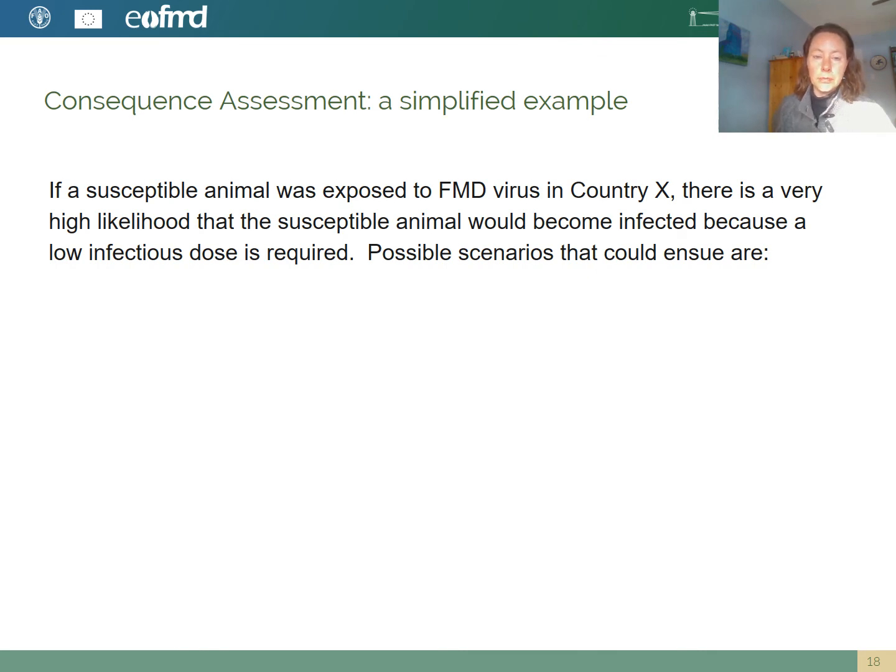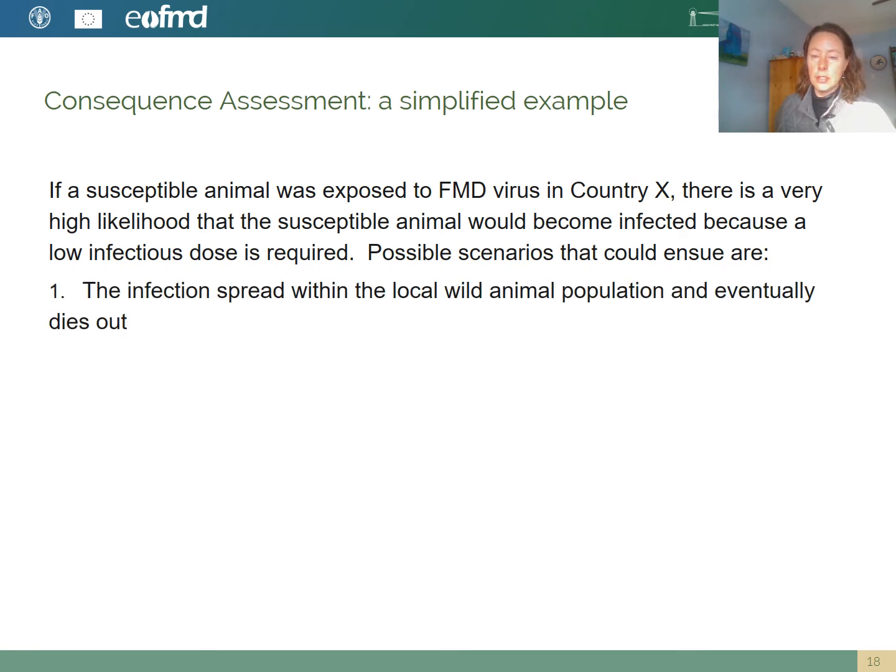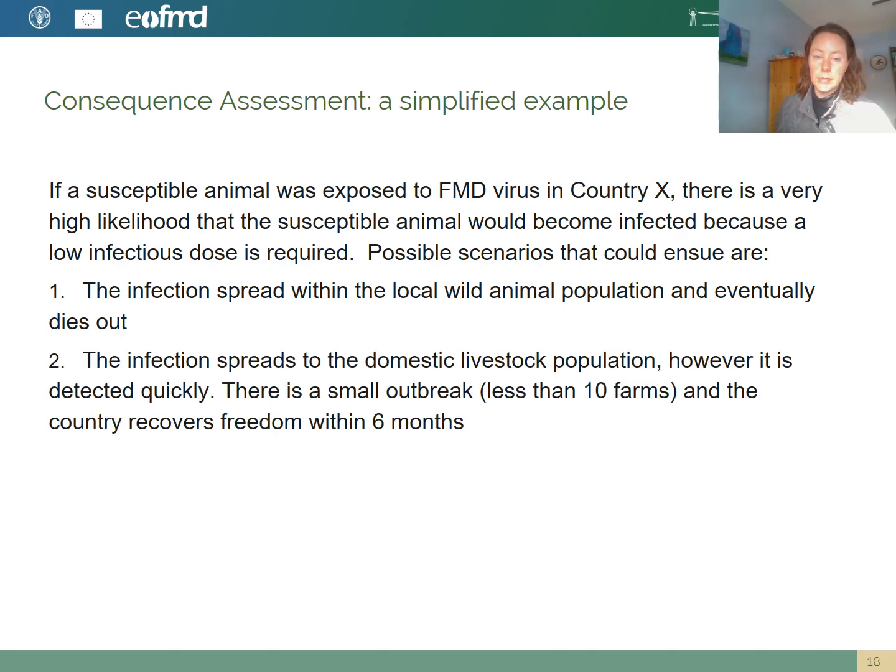So for example, if a susceptible animal was exposed to foot-and-mouth disease virus in country X, there's a very high likelihood that the susceptible animal would become infected because a very low infectious dose is required. Possible scenarios that could ensue are, number one, the infection spreads within the local wild animal population and eventually dies out.